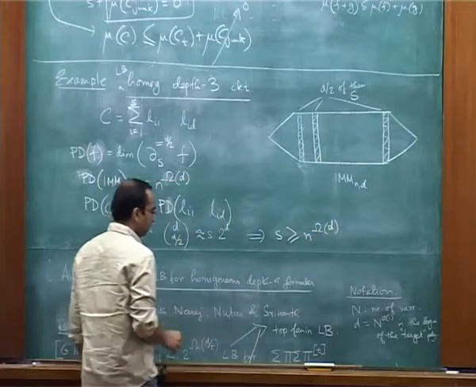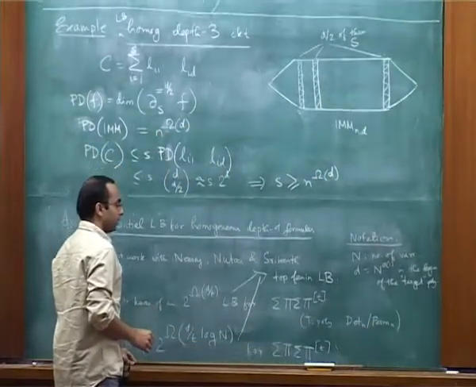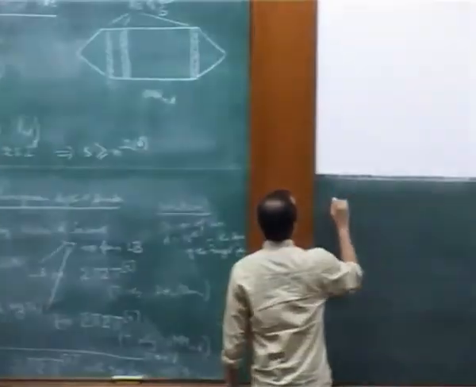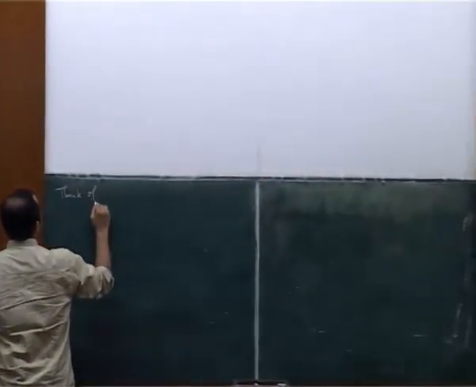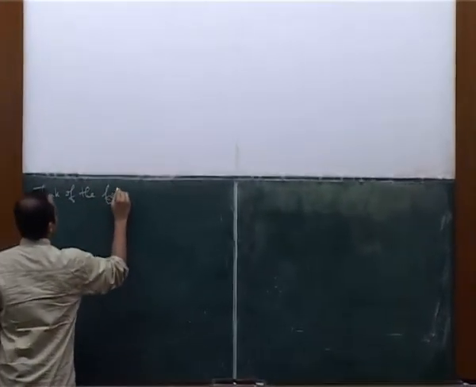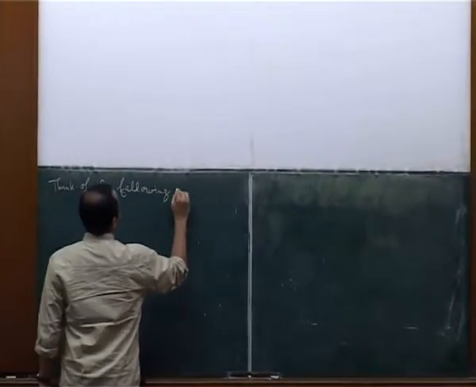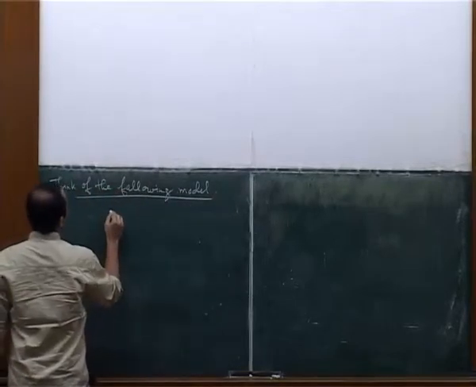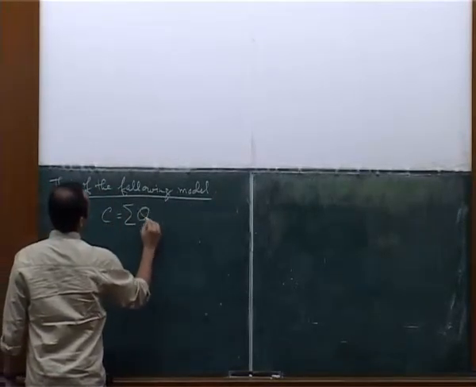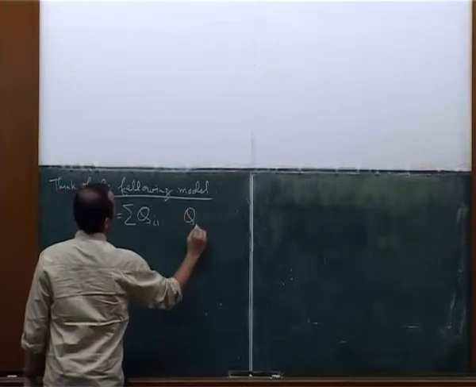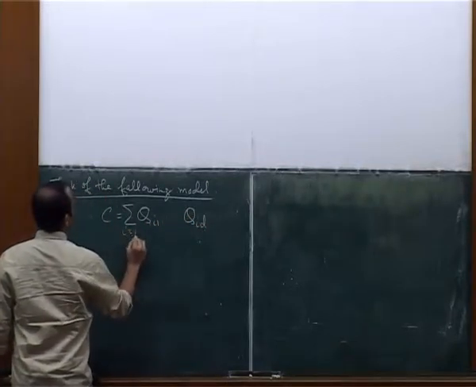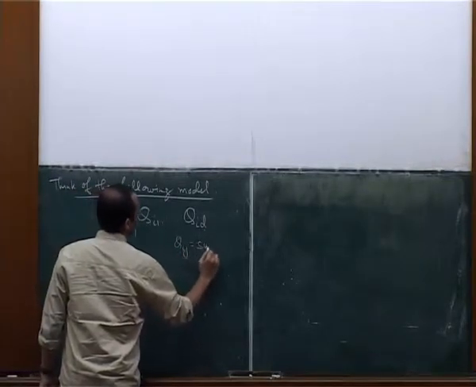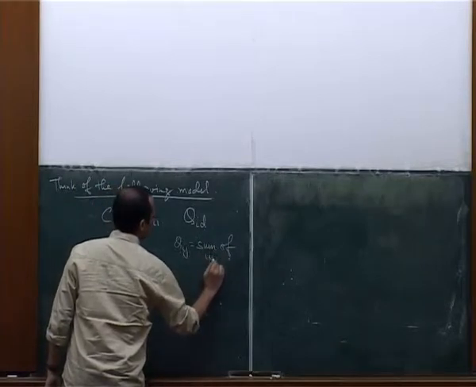Okay. So now for a moment, let me use the same setup. Think of the following one. Suppose you see now a sum of products, where each Qij is a sum of univariates.